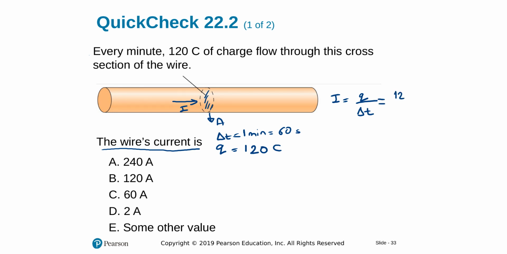Charge is 120 coulomb divided by time 60 seconds. Total current through the wire is 2 coulomb per second, and the unit is called ampere or amps. Use capital A for that. So the answer is 2 ampere.